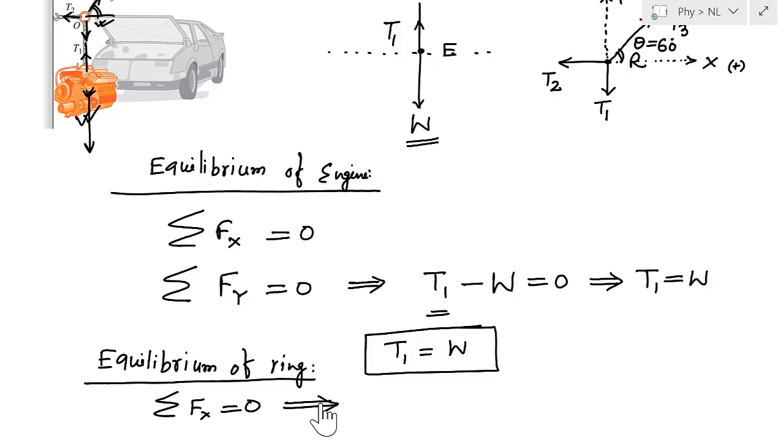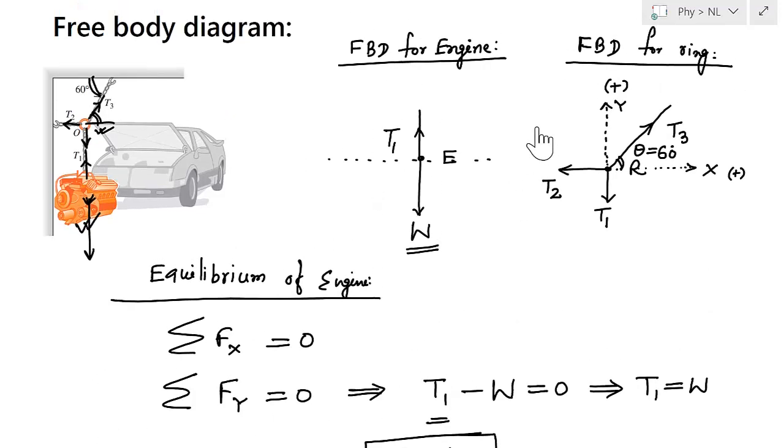This force, that is T3, has two components: one component along this axis and the other along this axis. In this direction you will have T3 cos theta, and along the y-axis you will have T3 sin theta, where theta is equal to 60 degrees.